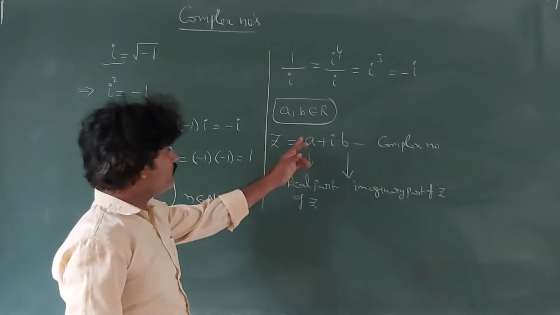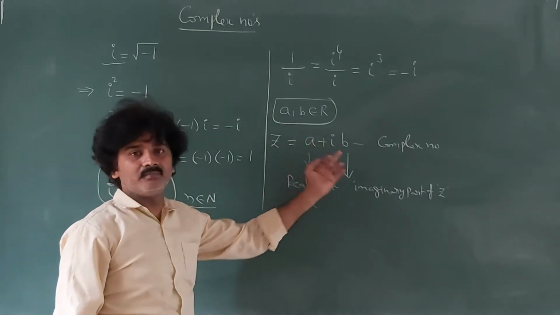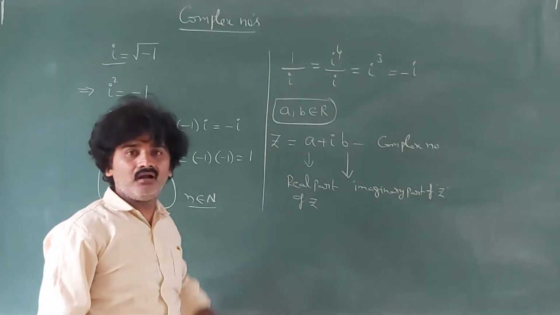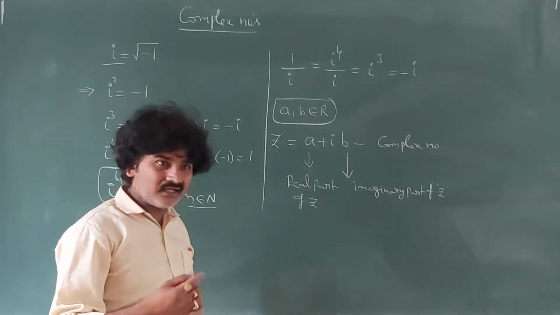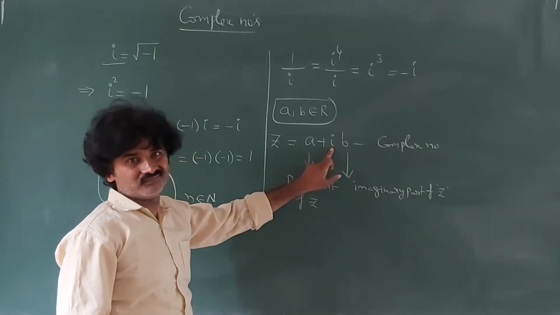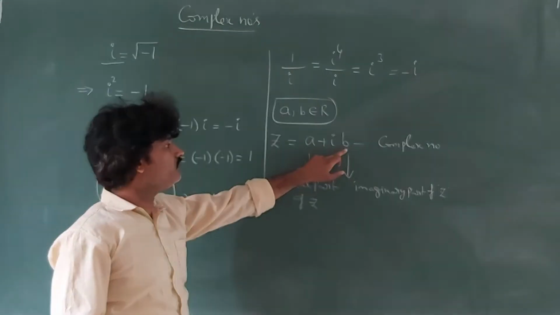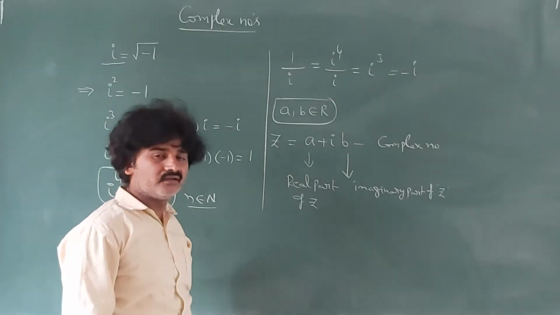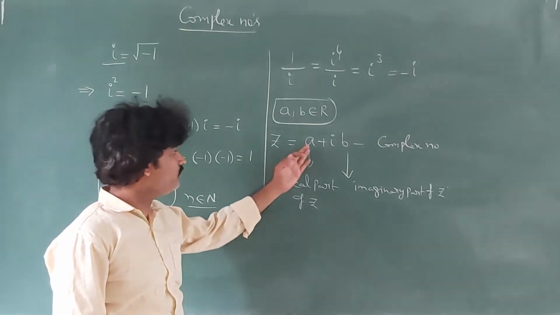Okay, if I take any complex number in the form of a plus ib, here a is called the real part and b is called the imaginary part. Both a and b are real numbers, but b is before i, hence we call this one the imaginary part and this one the real part.